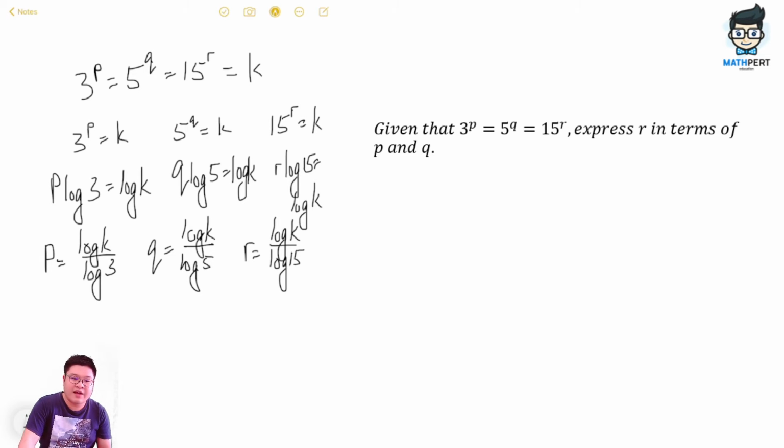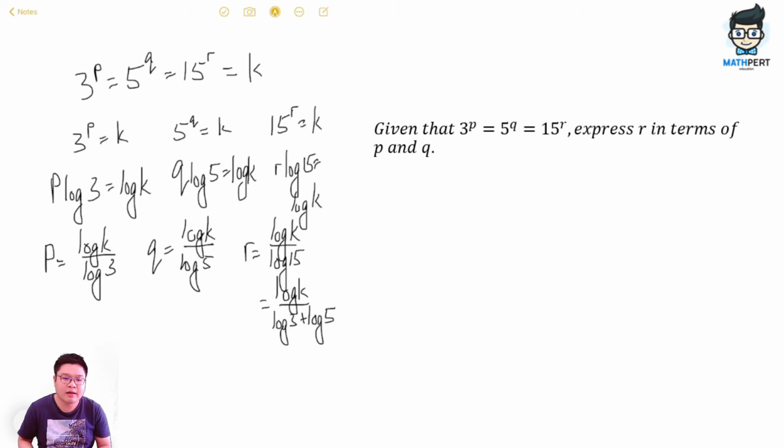Alright, so we are given 3, 5, and 15. So what are the relations? So 3 multiplied 5 is equal to 15, isn't it? So r can be equal to log k over log 3 plus log 5.